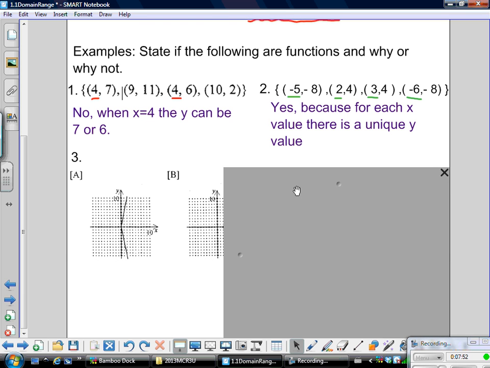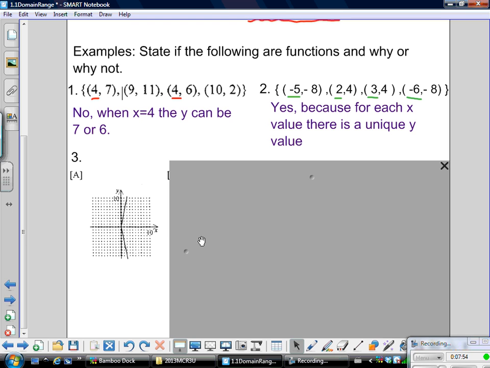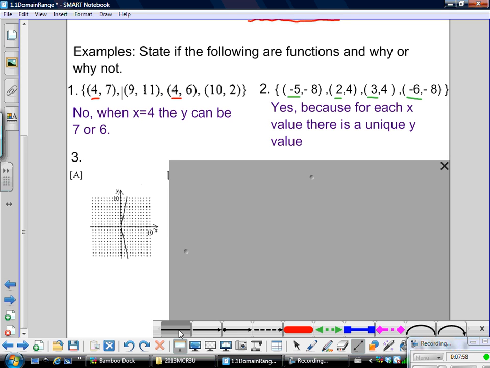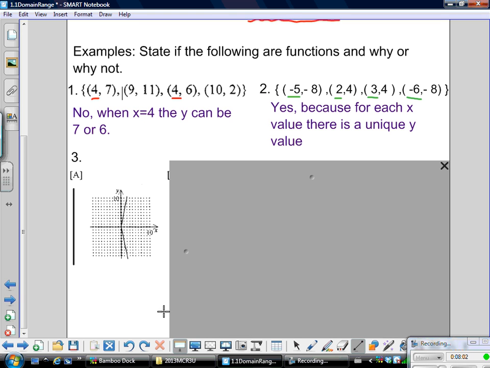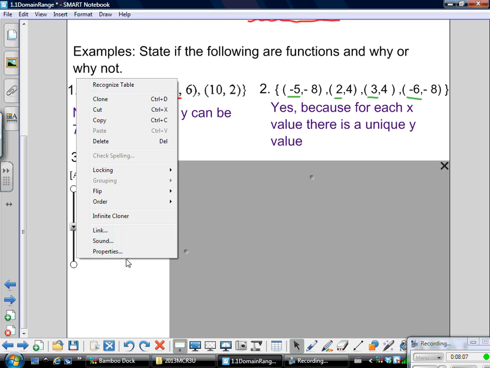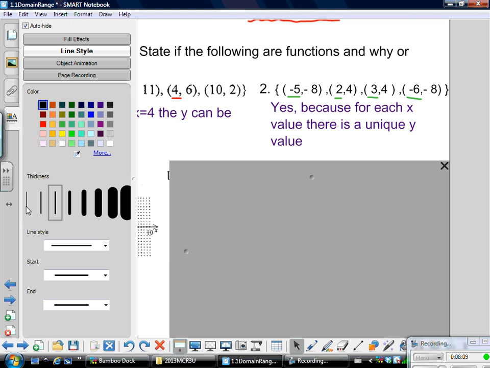So let's take a look at the first one. And when we look at it, if we take a vertical line, and I'll just create a vertical line here, and I'm actually going to change its color so that we can compare it against the graph a little bit easier. I'll make it thinner too, and I'll just make it red.